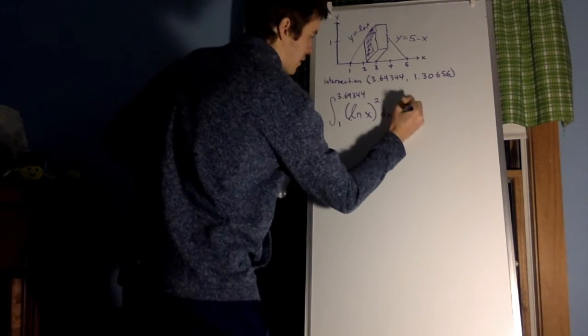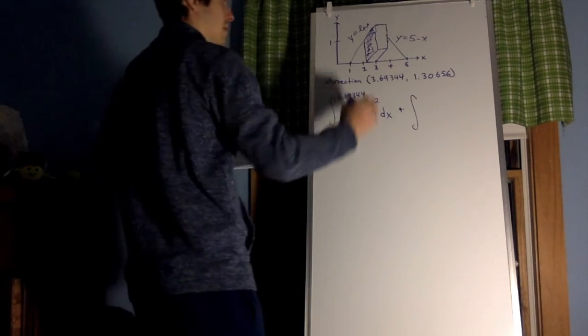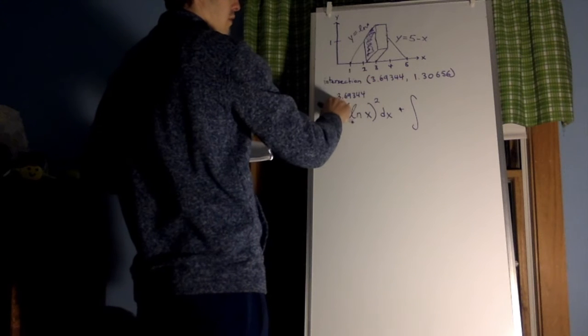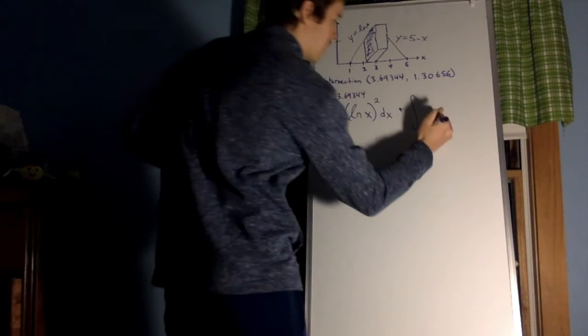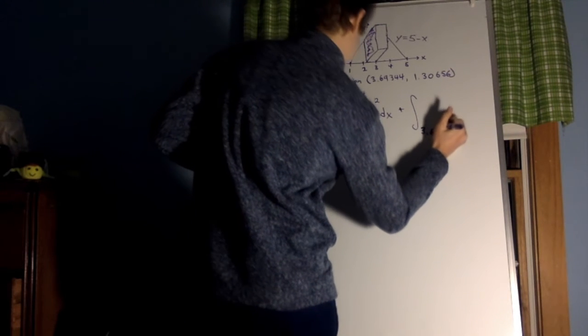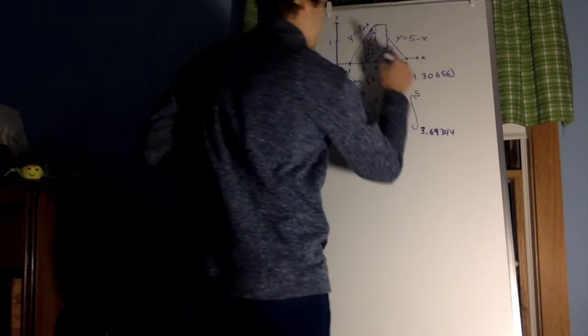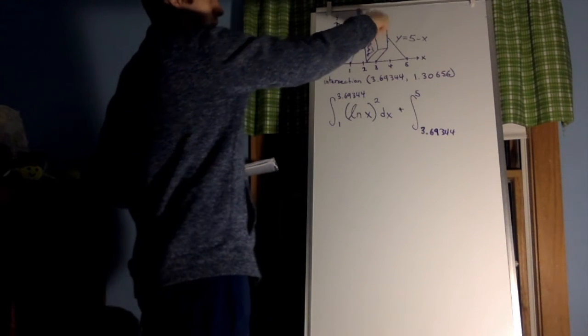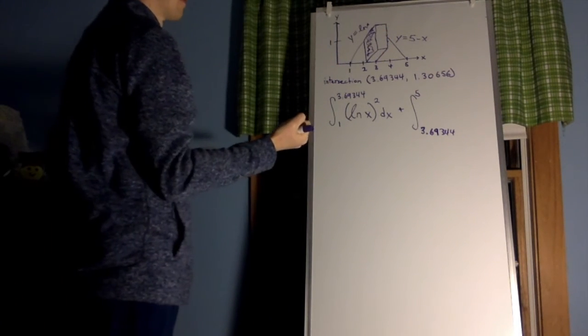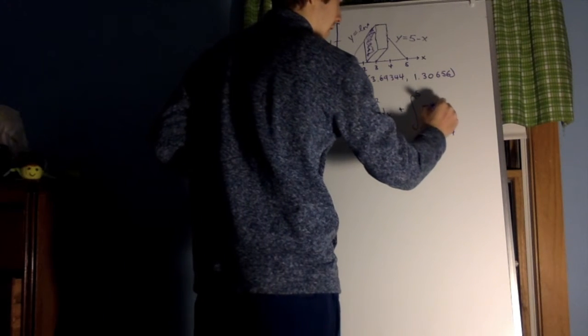Then you can probably figure out where I'm going for the second part here. From 3.6344 to 5, my cross section, the length of that is going to be represented by 5 minus x.